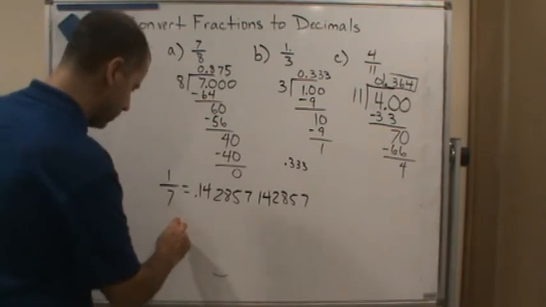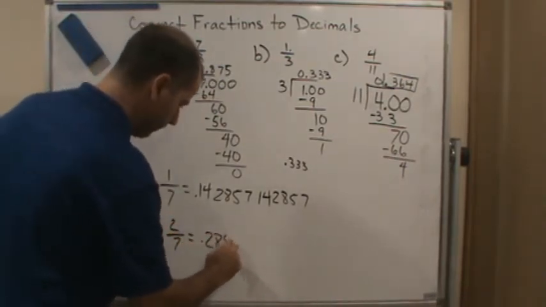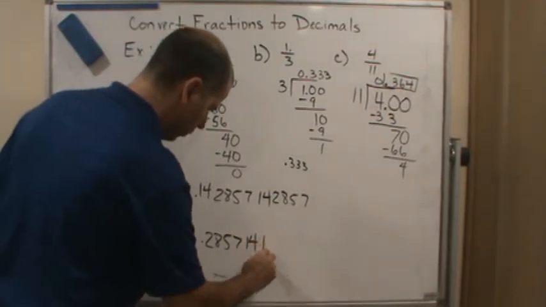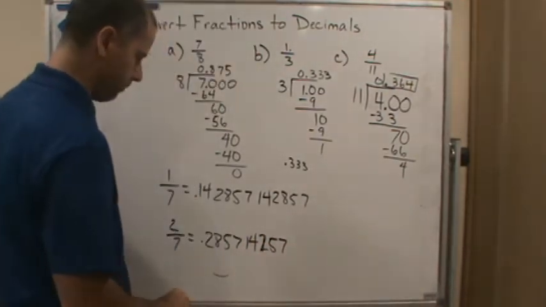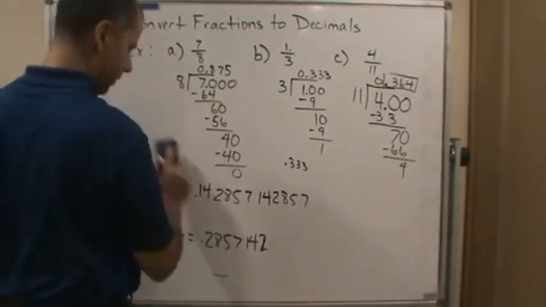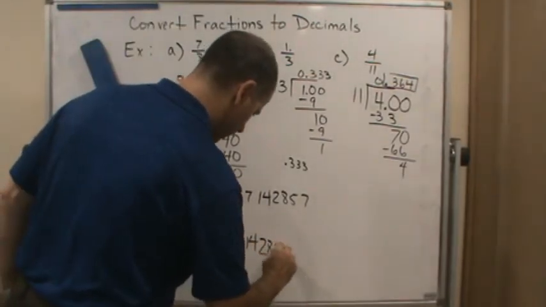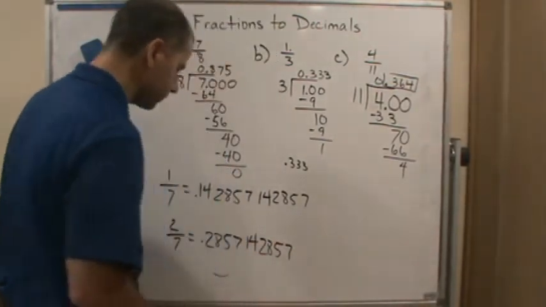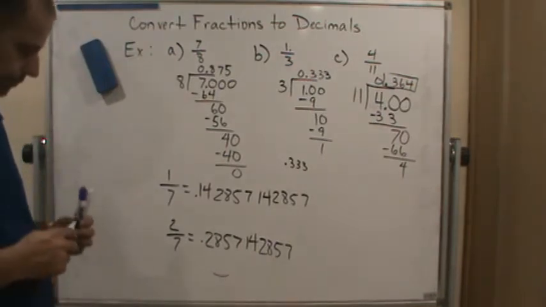Okay, so if I take 2 7ths, that one's going to be 0.2857142857, and then 142857, and then it keeps repeating 142857.